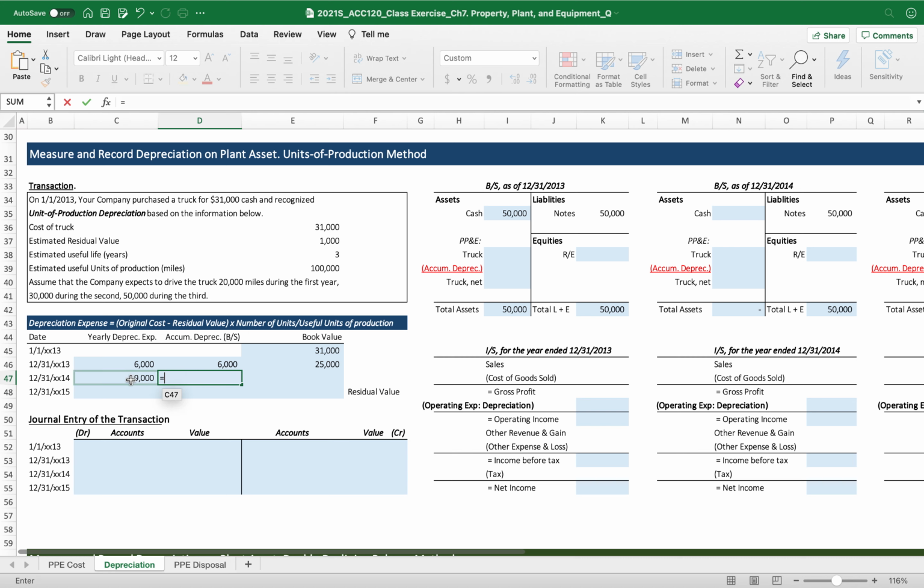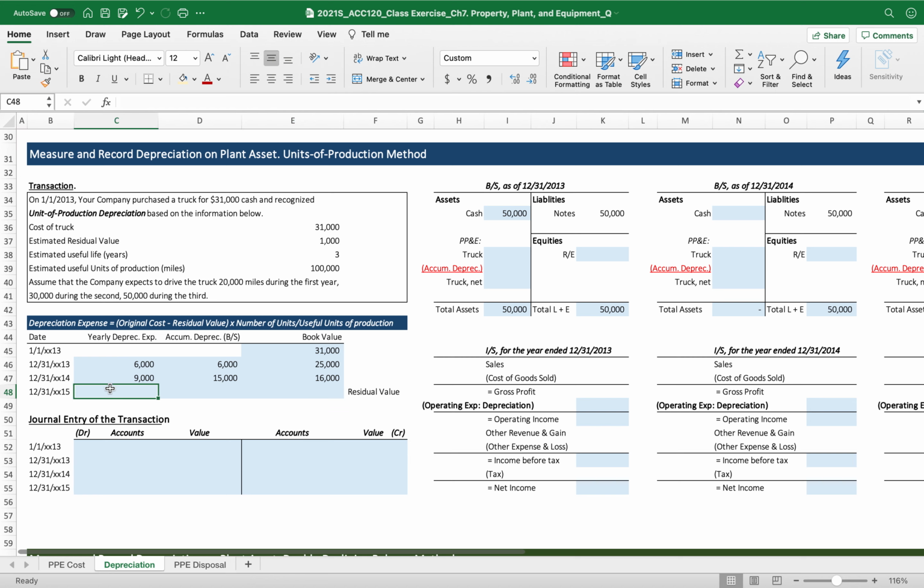Then accumulated depreciation: we accumulate the depreciation expense of the second year onto the accumulated depreciation, so $15,000. This $15,000 is subtracted from $31,000, right? So we got $16,000 as the net book value based on the usage.